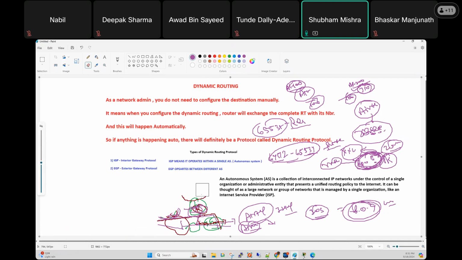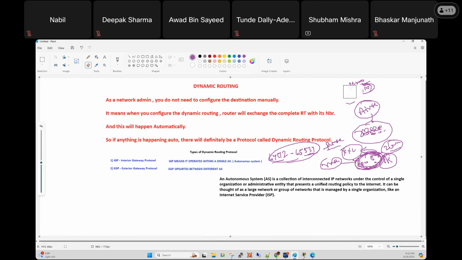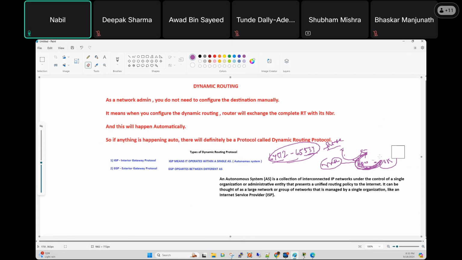So your company will use a unique AS number, and that AS number needs to be purchased from an organization, I think called ARIN or IANA. These organizations provide the AS numbers.